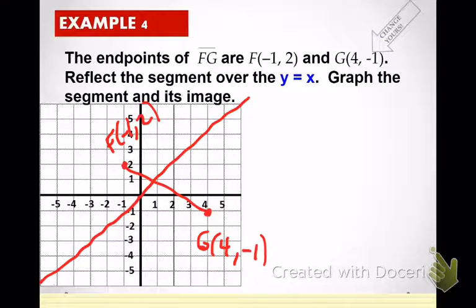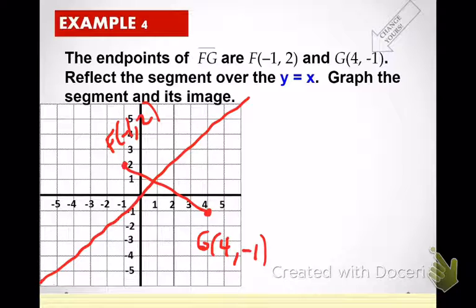What would be the coordinates of the point F prime? What's our rule? It's in your notes. What's the rule when you're reflecting across y equals x? Switch the numbers.